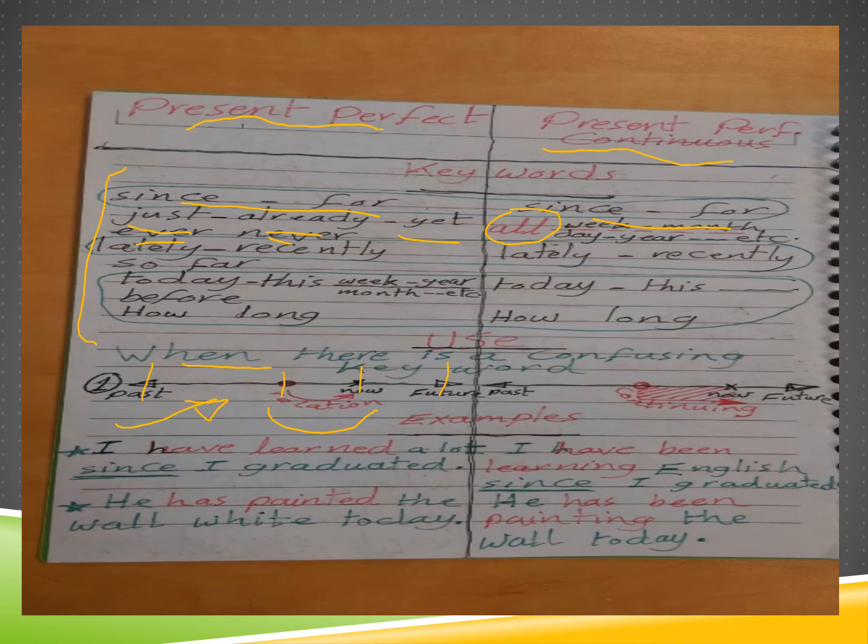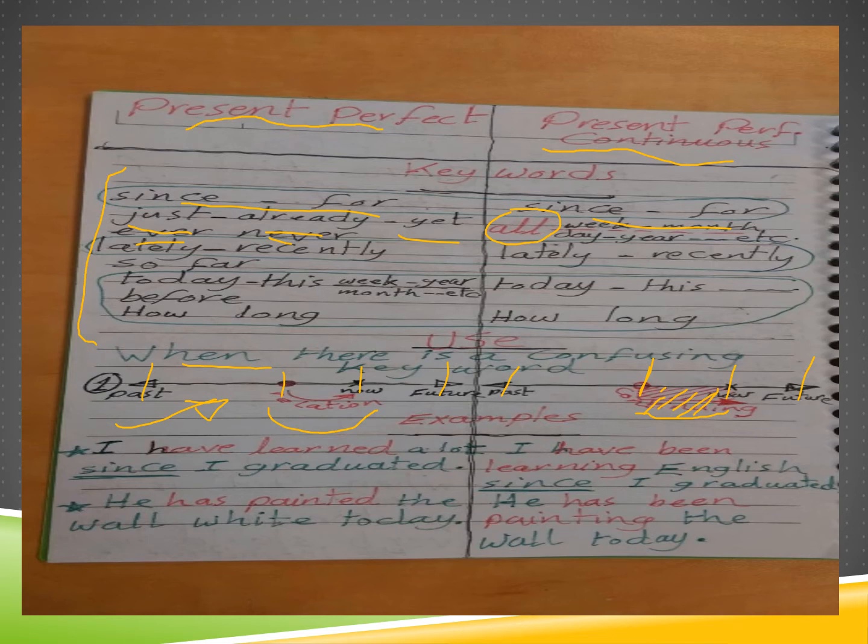As for the present perfect continuous, an action started sometime in the past, and it is continuing until the present. These lines mean that there is continuity in the action until now.